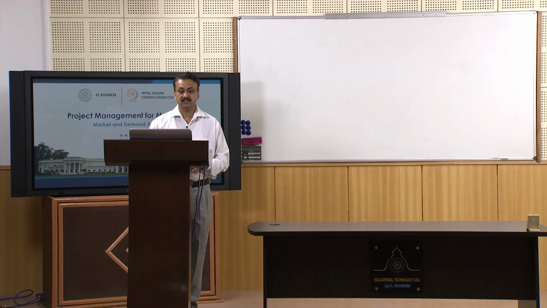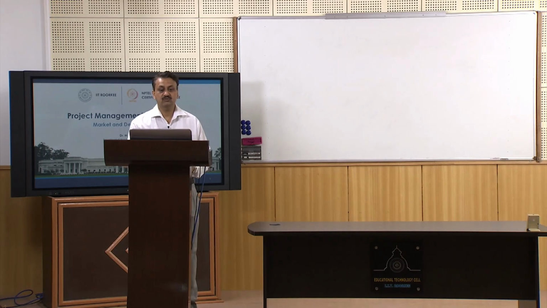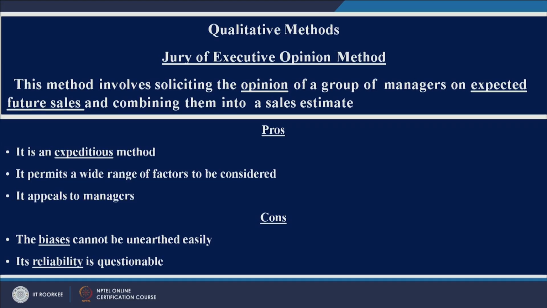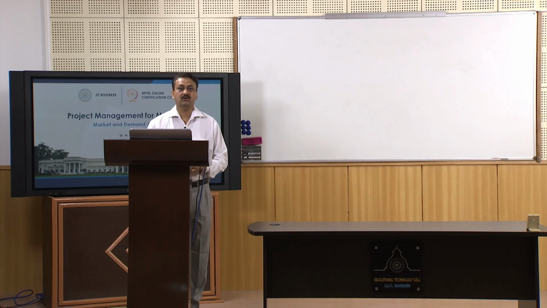We will see in detail the qualitative methods. The first one is the jury of executive opinion method. As I said, in this method we get the opinion of experts or managers to know what the future sales would be. But there are certain pros and cons of this method.